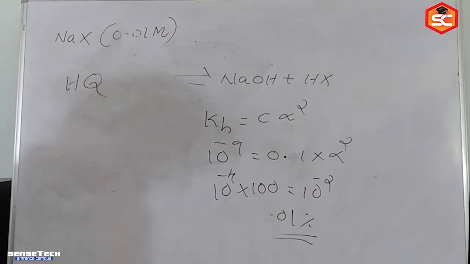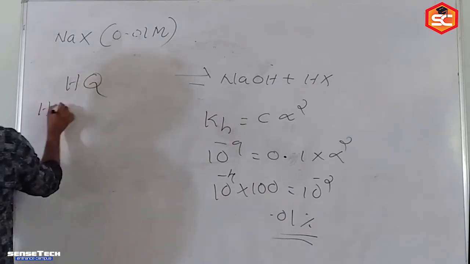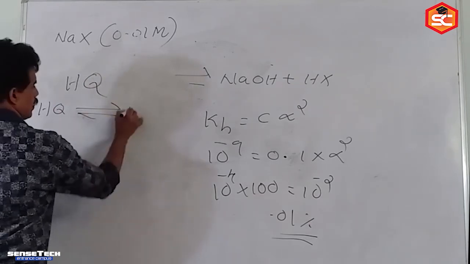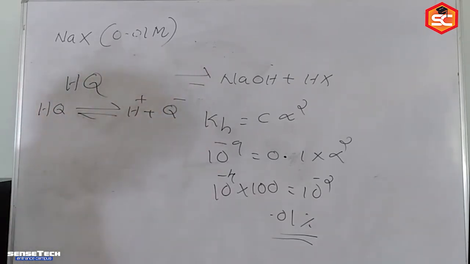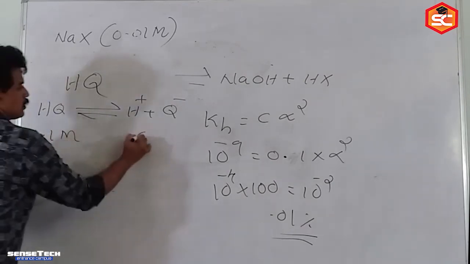The value of the ionization constant Ka for the acid is? So HQ will be ionizing as H plus and Q minus. You can write the ionization equation, starting from 0.1 molar, 0, 0.